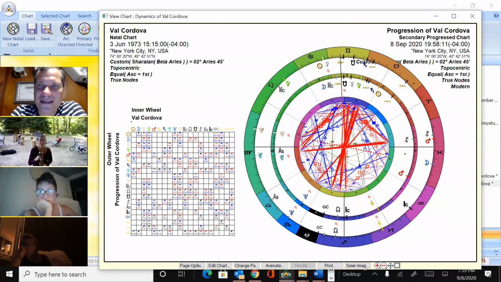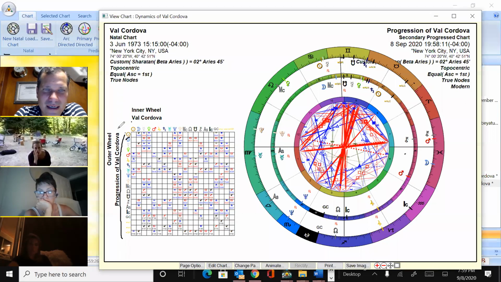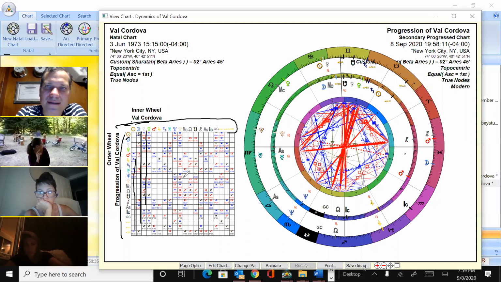And then you can see, just like how the aspects work, I'll draw. This is the outer wheel. So you can see progress sun is conjunct her natal moon. So this line here is the natal. So down this way is all the natal. And this way is all the progressed, right?